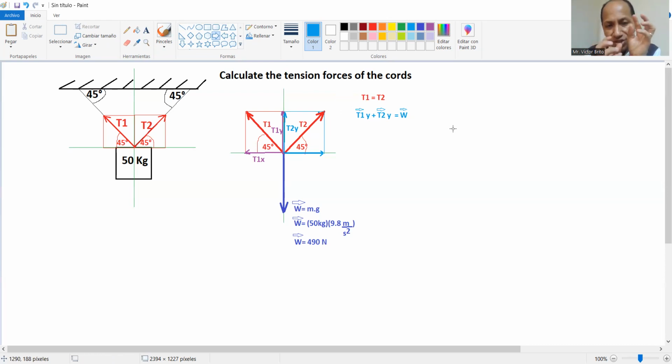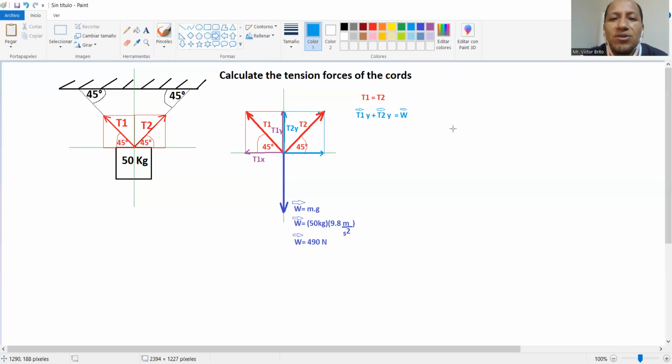The addition of the two vectors pointing upwards must be the same value as the weight pointing downwards. So I can conclude the body is at equilibrium. The body remains at rest because the addition of the forces has to be 0 if the body is going to remain at rest, right?